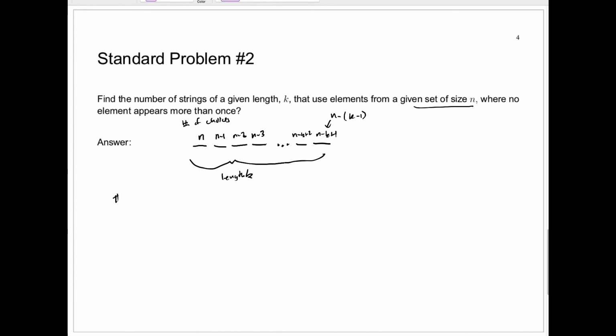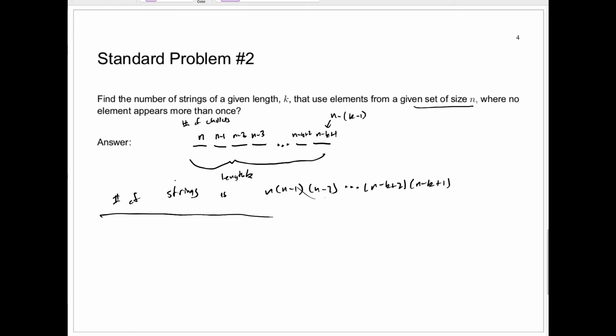So the number of strings where no element appears more than once is just n times n minus 1 times n minus 2 all the way up to n minus k plus 2 times n minus k plus 1. It's this product. And let me show you a common way we'll write this. That's the answer, and that's the answer to standard problem number 2.